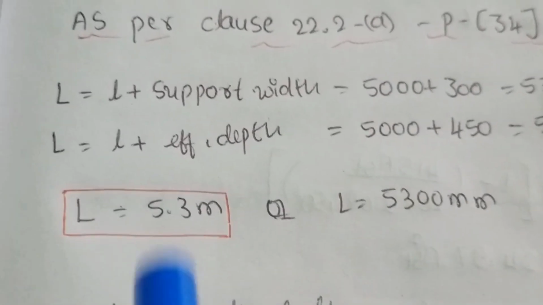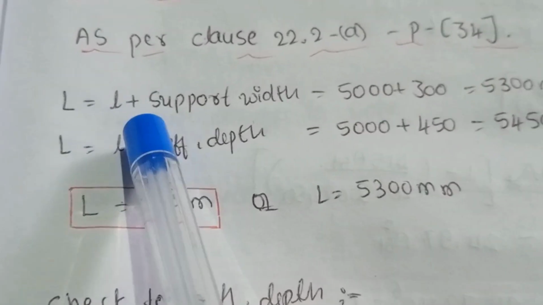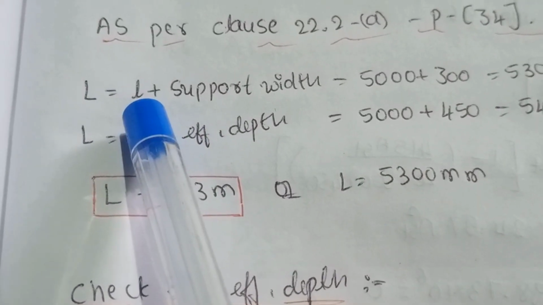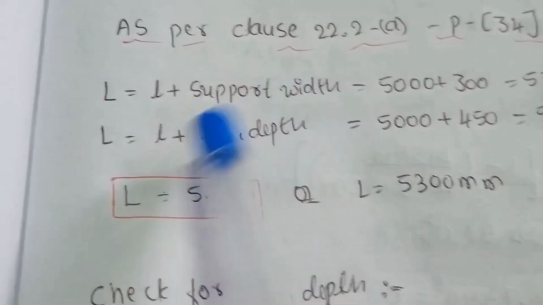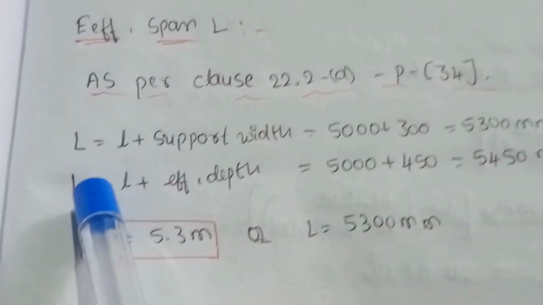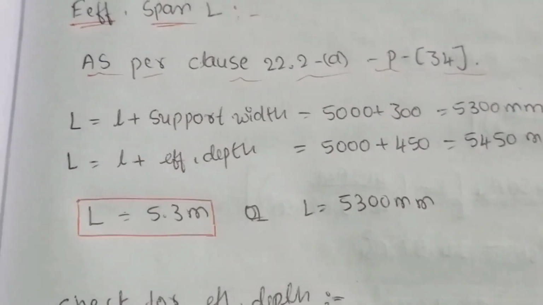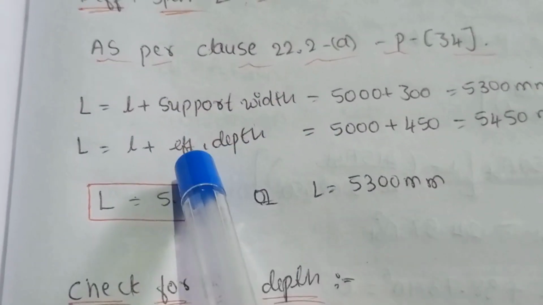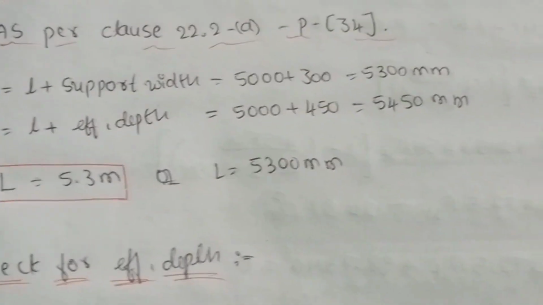So I am taking L is equal to clear span plus support width, and second one L is equal to clear span plus effective depth. So we'll see. You can take whatever you got in your problem. So I have got support width and effective depth. So I am taking these two.